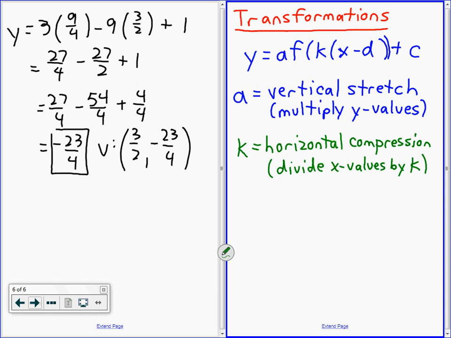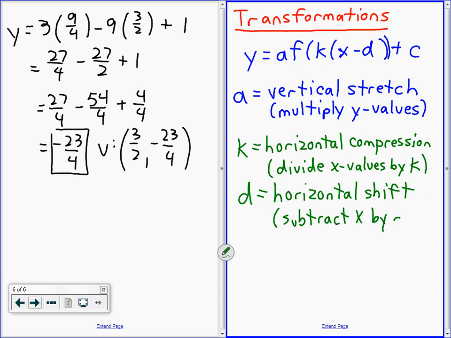D is going to be a horizontal shift, meaning you're going to subtract d from x. And C is going to be a vertical shift.